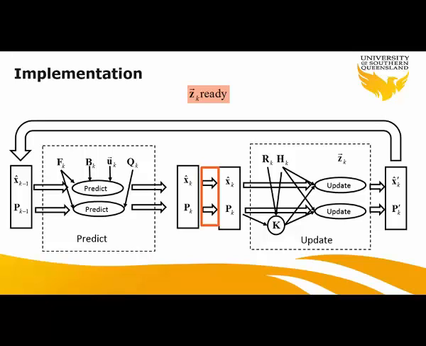So after a second, when the GNSS measurement is available, we use it to update the position and velocity that we have predicted from the IMU. We are also trying to have a better estimate of the bias and attitude, and then once we have the updated position, this process continues.